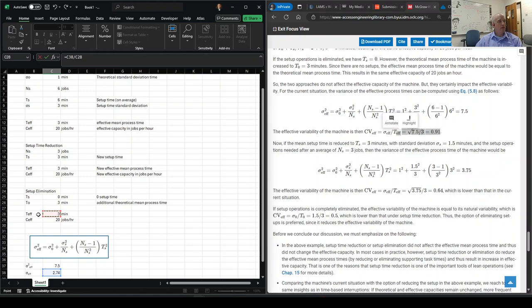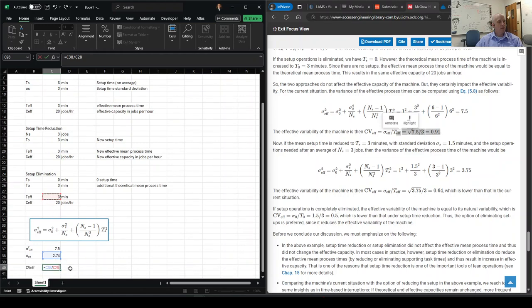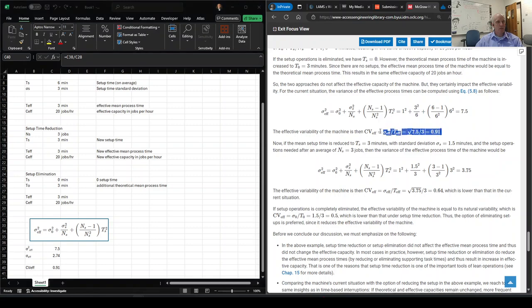And the mean we found out to be 3 minutes. So we're taking the square root of 7.5 divided by the 3, and that gives us 0.91, and there it is. So we've come up with the effective variability of the machine, which is 0.91.